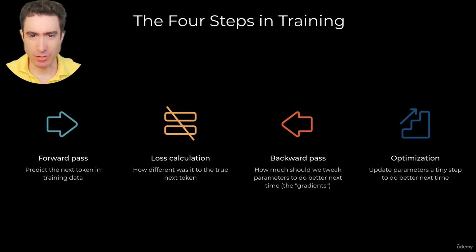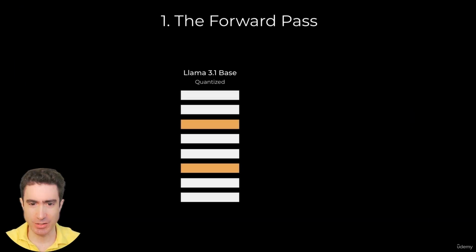And now let me make this real for you by showing you some diagrams, particularly looking at how training works with QLoRA, which is how we're actually doing it in practice. So first of all, let's talk about this forward pass. Here is a diagram that should be familiar to you because it's the same one I used before, that shows our Llama 3.1 base model that we've quantized all the way down to 4 bits with its 8 billion parameters.